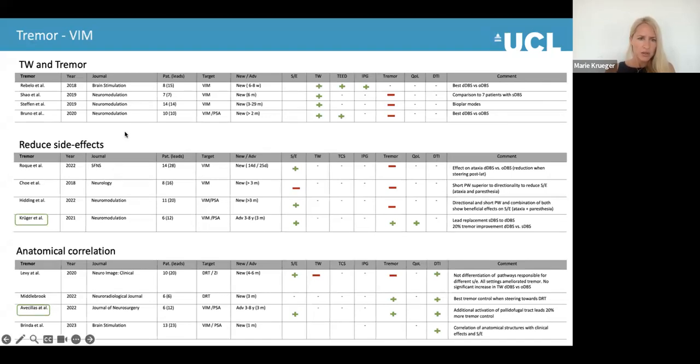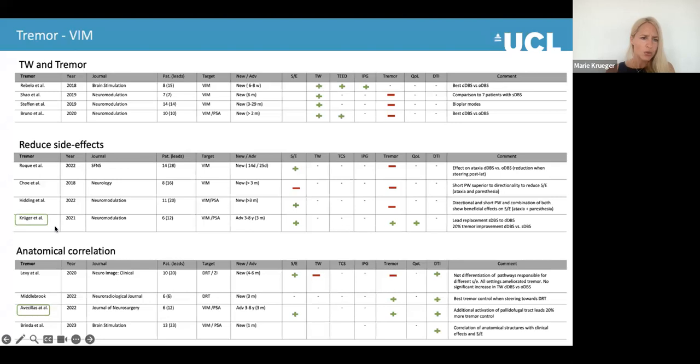A lot of studies, or 4 studies, were able to show that it's easier to reduce side effects when you use directional electrodes. This one also showed that a short pulse width is superior to directionality. But if you combine directionality and the short pulse width, you can get better results than with short pulse width alone. That was the follow-up study on that.